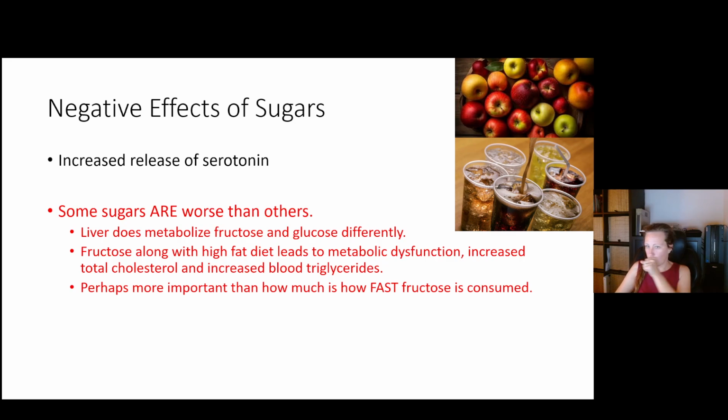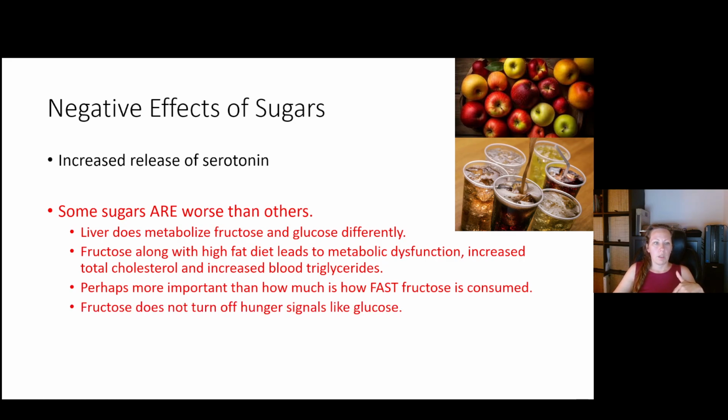And not only that, but fruits have other nutrients and they have fiber and they have things that slow down that digestion. So how fast is that soda sugar going into your bloodstream versus eating fruit? You're getting this huge shot of all sugar, including fructose, really fast.